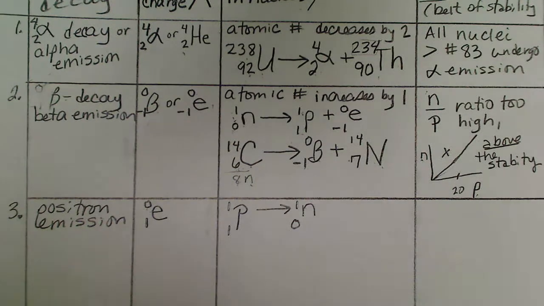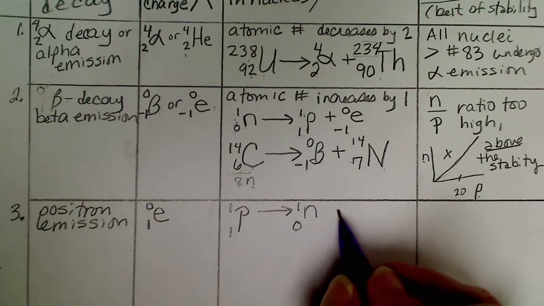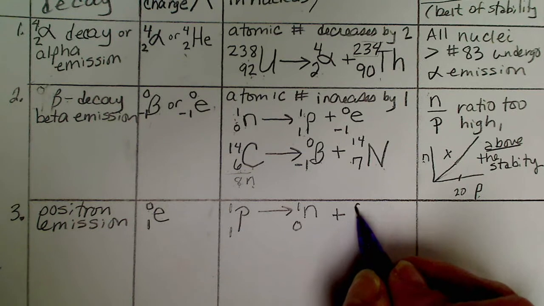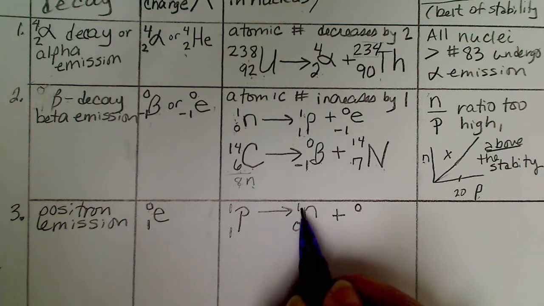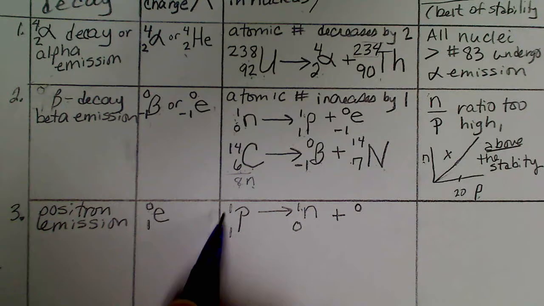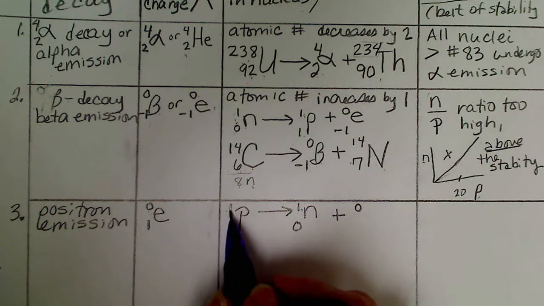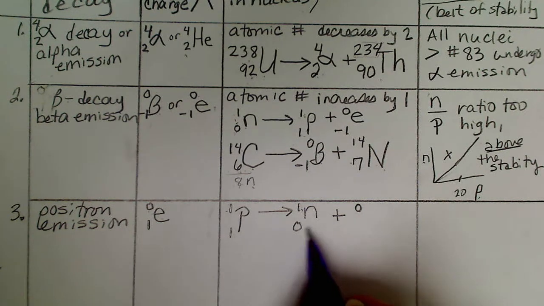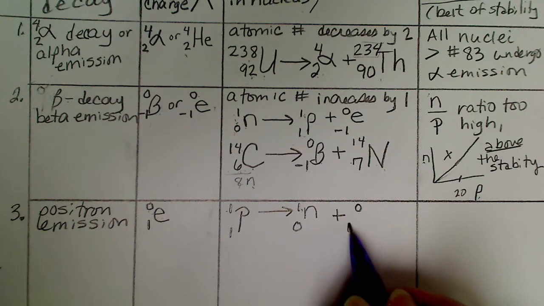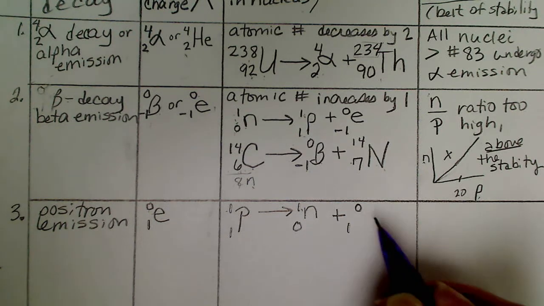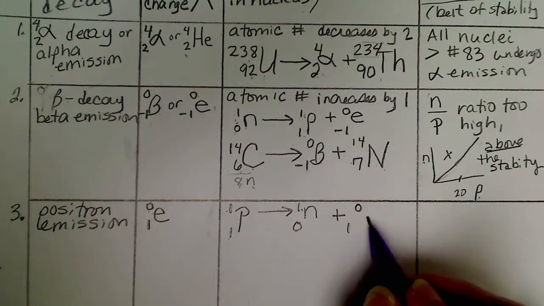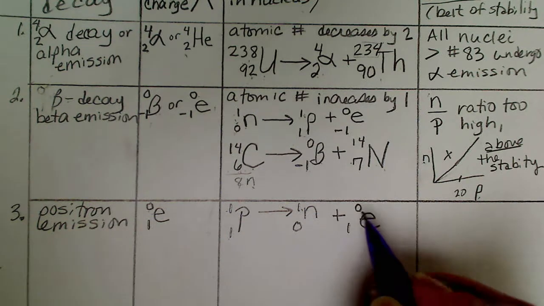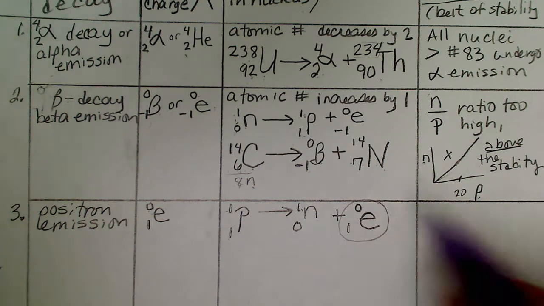So to balance this equation, we'd have to put a 0 here, because 0 plus 1 in the product side equals 1 on the reactant side. And then 0 plus 1 equals 1. So the particle emitted, this is our positron.